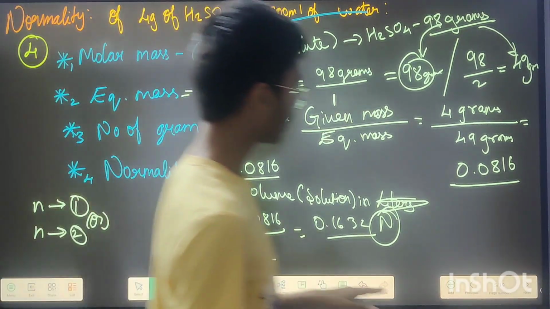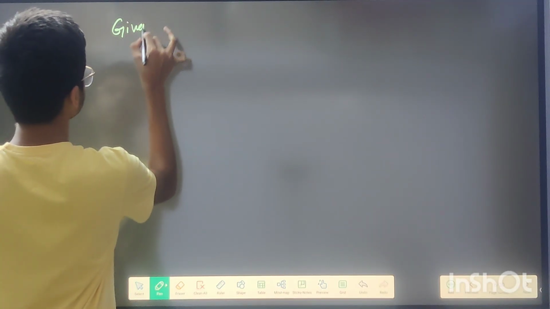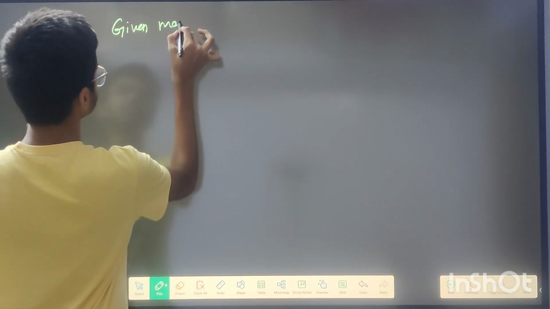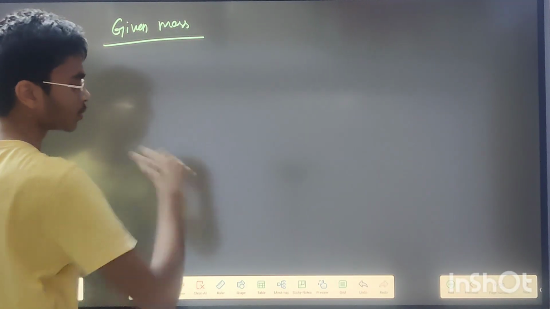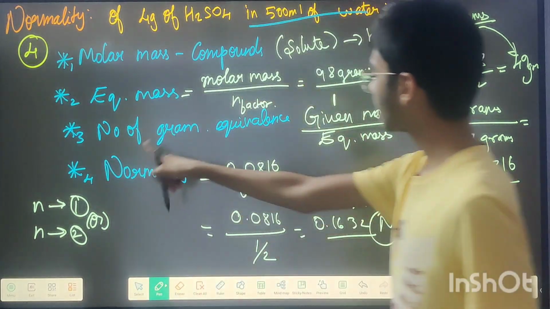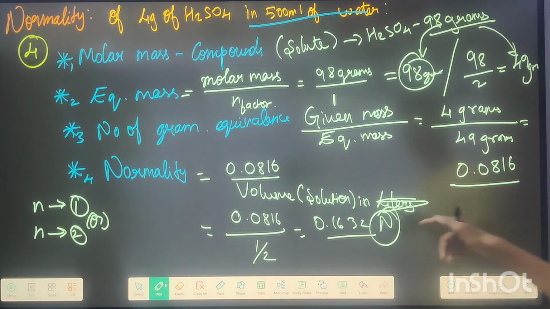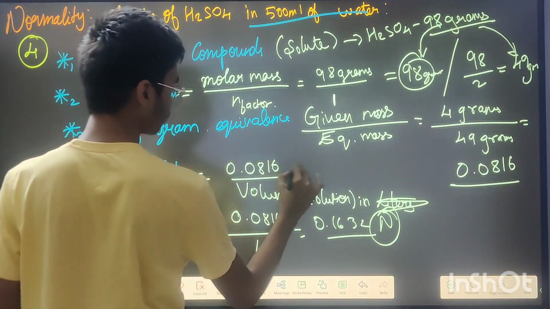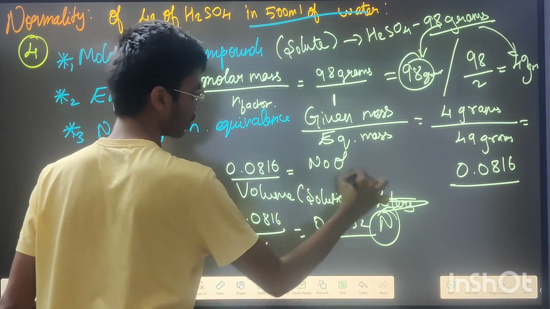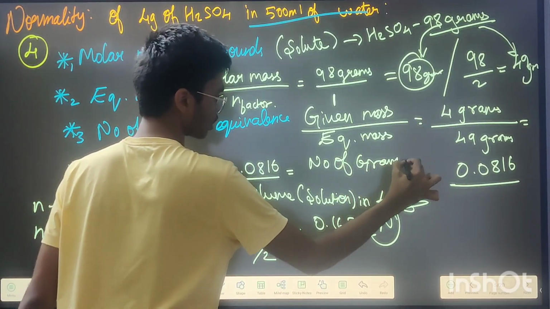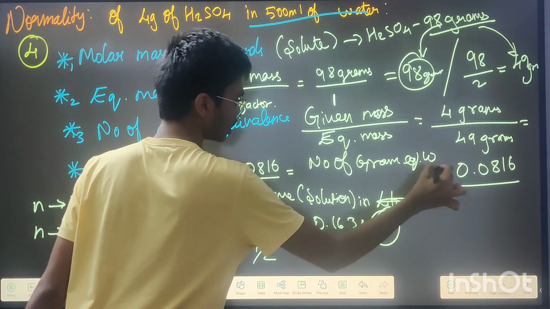So how can you write this? Given mass, the first step is given mass by number of gram equivalence weight, right? For normality, it is going to be number of gram equivalence weight divided by volume.